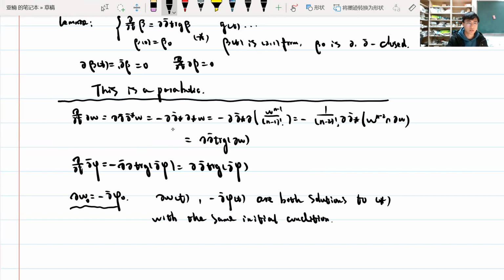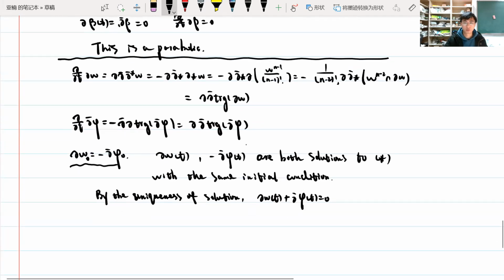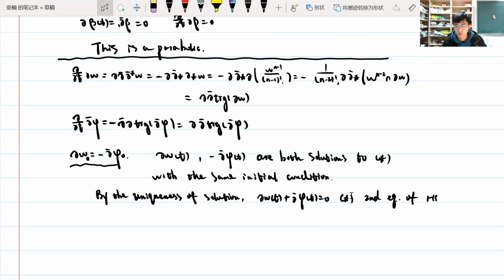So if we have this lemma, it is harmonic, so by the uniqueness of solution, we prove again that it preserves the closed condition, the second equation of that condition, the HS condition.